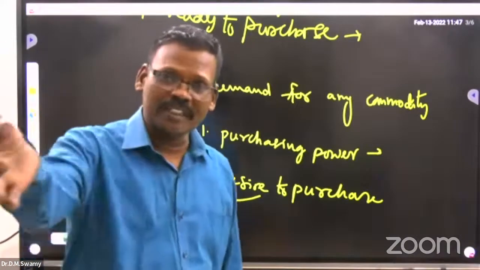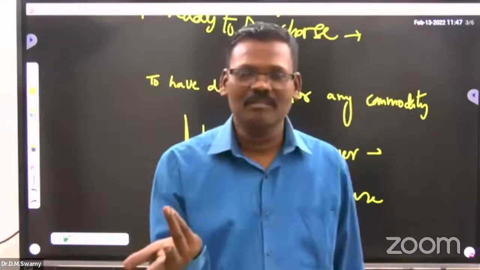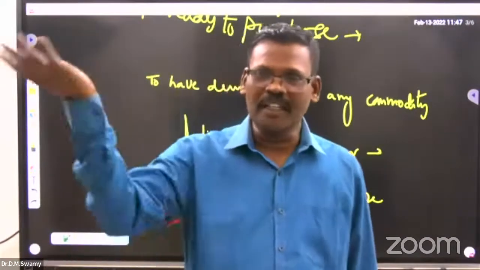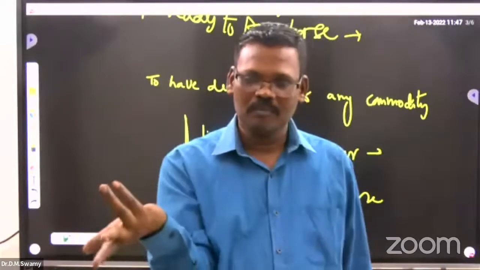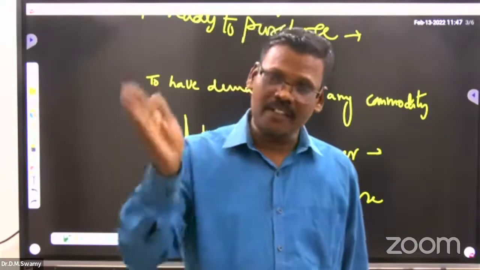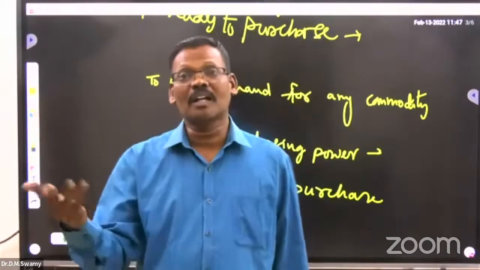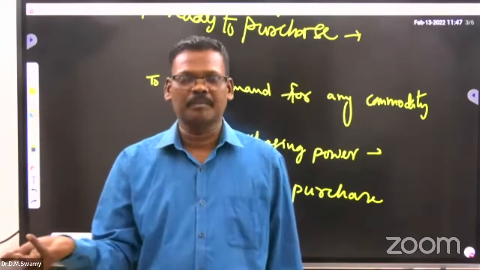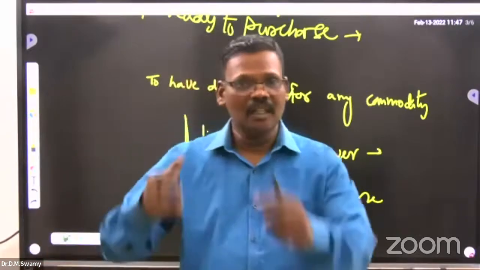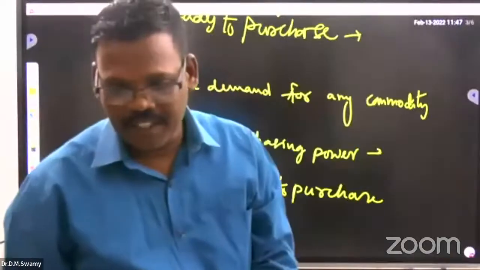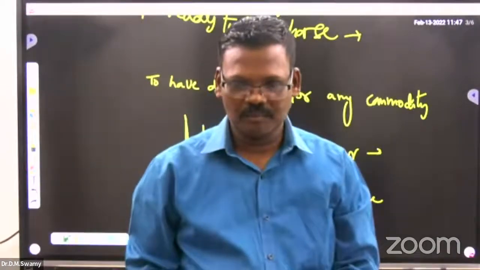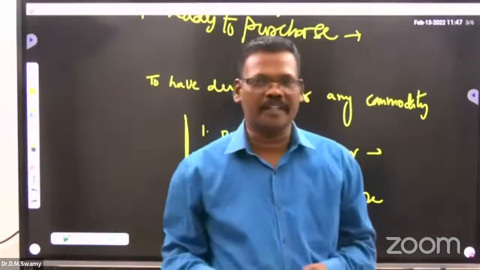You can purchase a car, but is there any desire? No. If there is no desire, can you purchase? No. So that's why, on one side desire is important and on the other side, purchasing power is important. Both are very important.